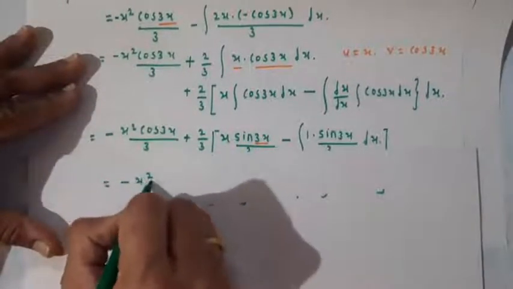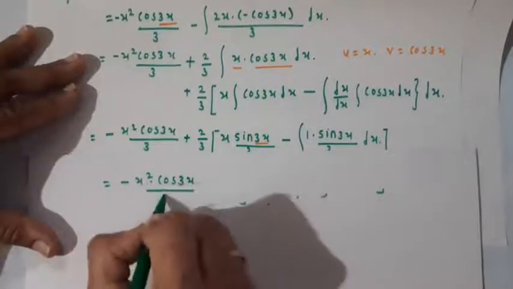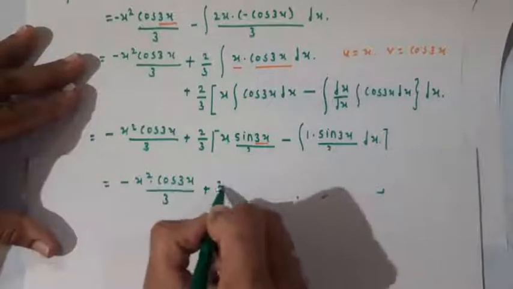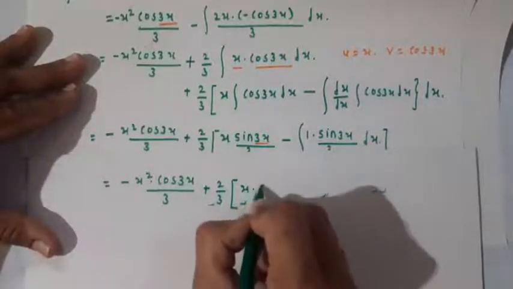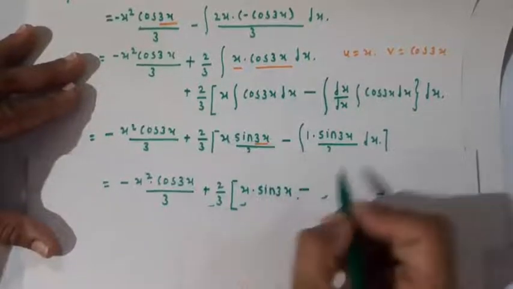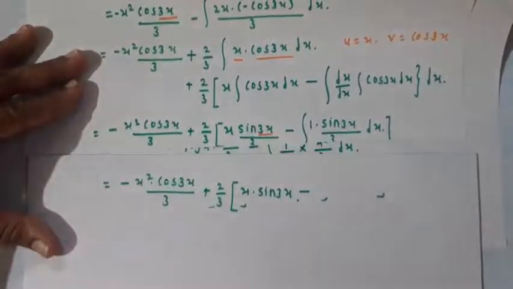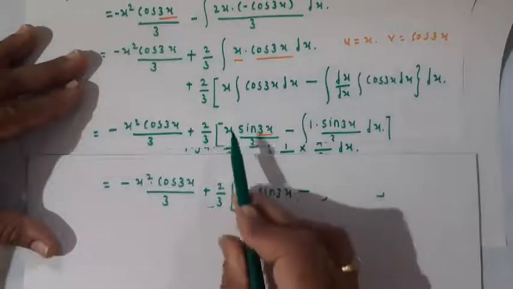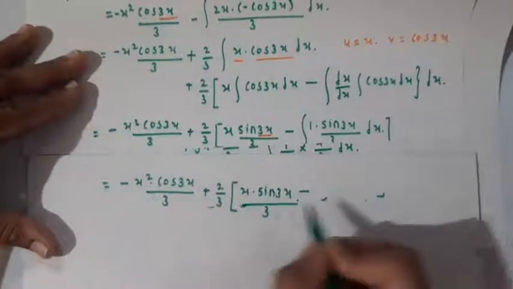minus x square cos of 3x upon 3 plus 2 by 3 into x into sin of 3x upon 3 minus integration of sin of 3x upon 3.